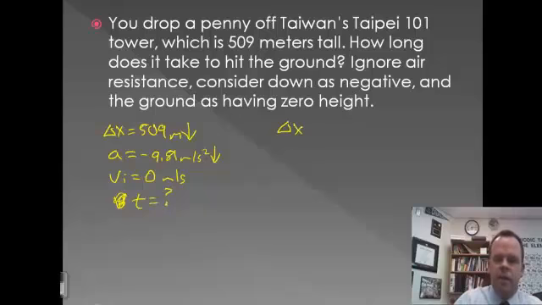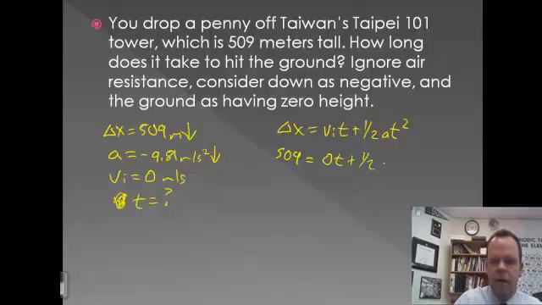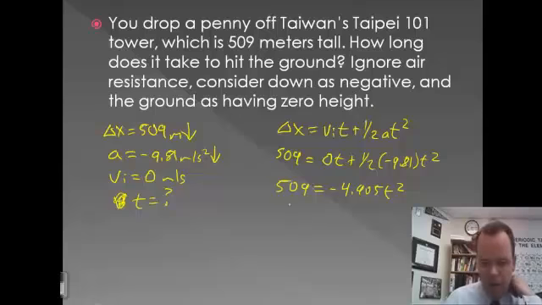So in this case, the best equation, delta x equals Vit plus 1/2 at squared. So 509 equals 0t plus 1/2 negative 9.81 t squared. 0 times t will be 0. Half of 9.81 is negative 4.905.